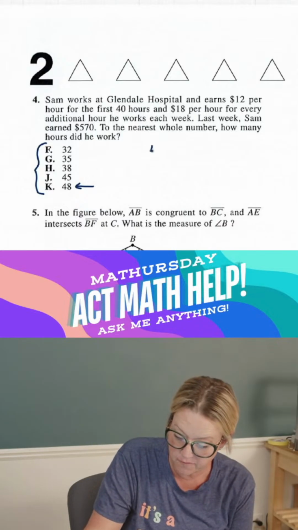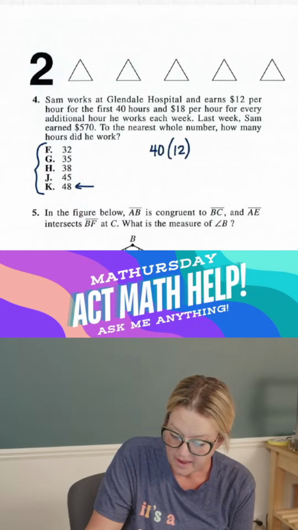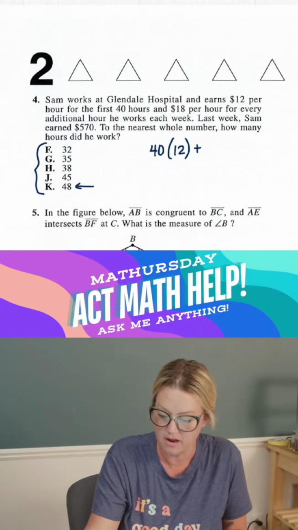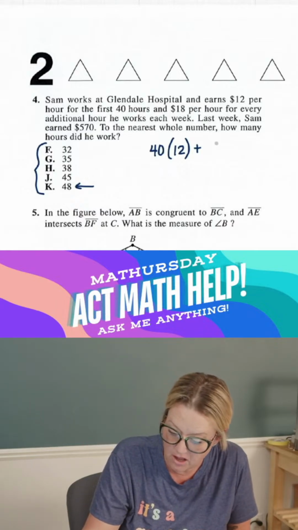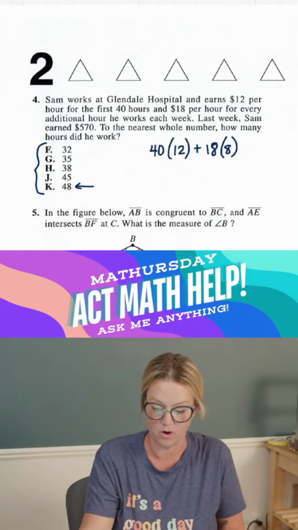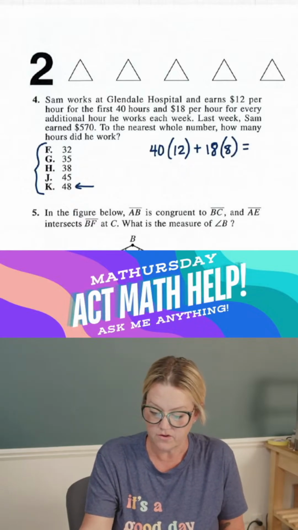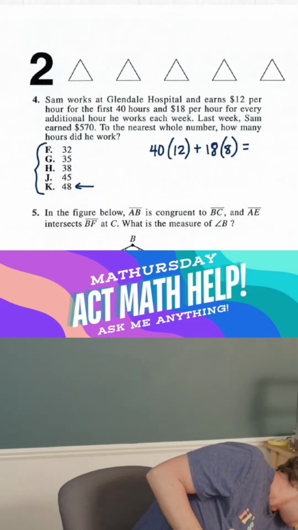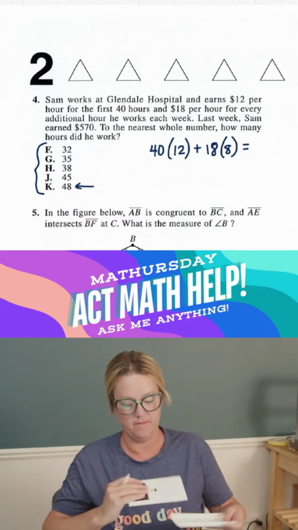So he's going to get 40 times 12. And then he worked 8 more hours over 40, and he's going to get $18 for those 8 extra hours that he worked. So now 40 times 12 and 18 times 8.